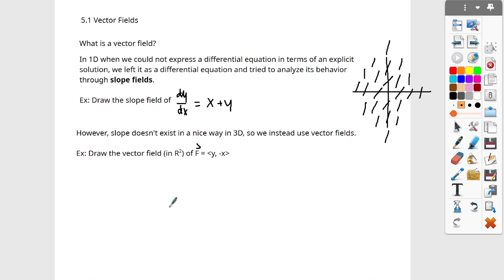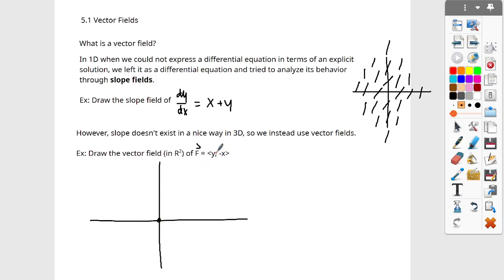So it is a vector field, not a scalar field or a slope field. So when x is equal to 0 and y is equal to 0, there's nothing.